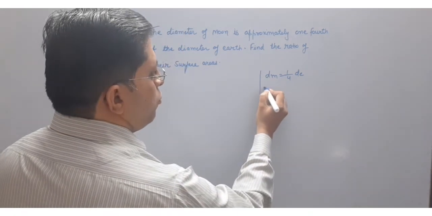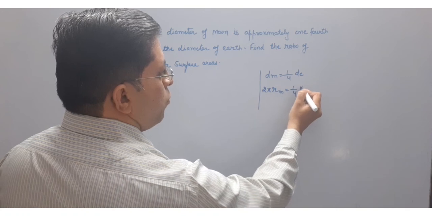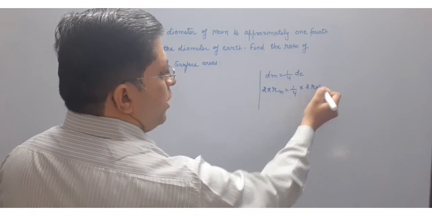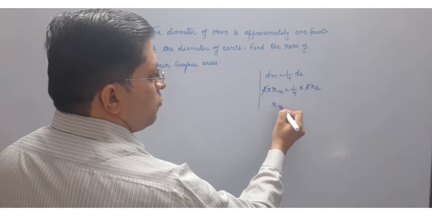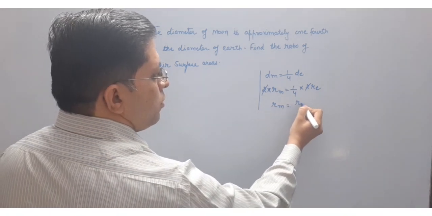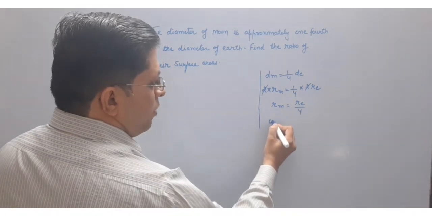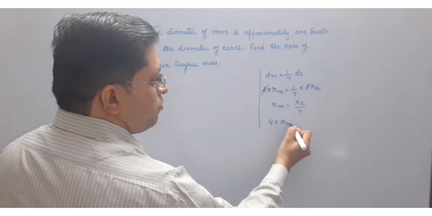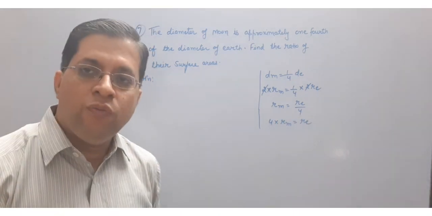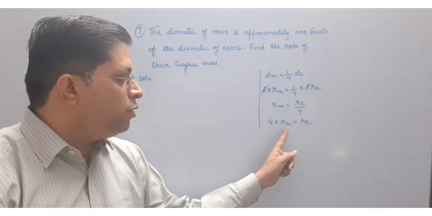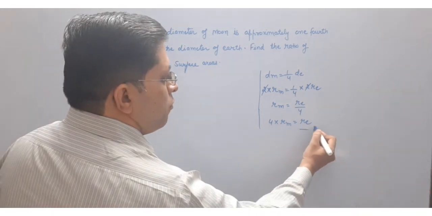It means 2 into radius of moon equals 1/4, 2 into radius of earth. 2 to 2 cut. Then radius of moon will be radius of earth upon 4. If cross multiply, 4 into Rm is equal to Re. Radius of earth we can write 4 into Rm. Okay, this is the equation number 1.